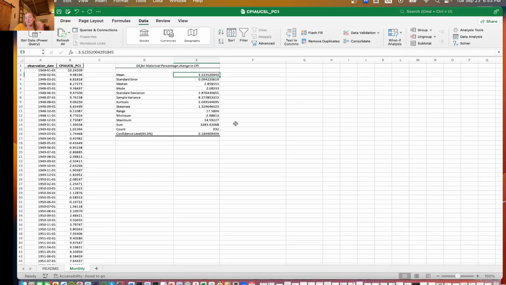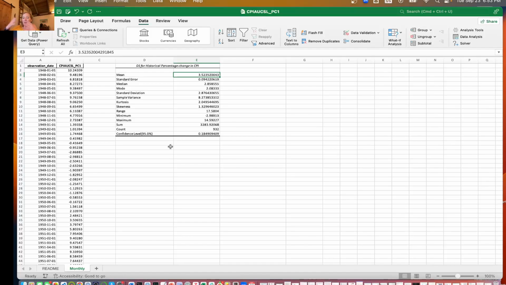So the mean is 3.52. Historically, from one year to the next, the average change in the price that consumers experience is about 3%. Goods get about 3.52% a little bit more expensive.